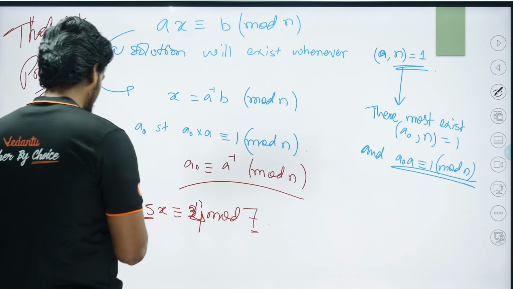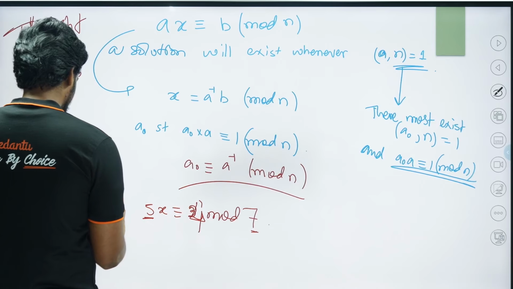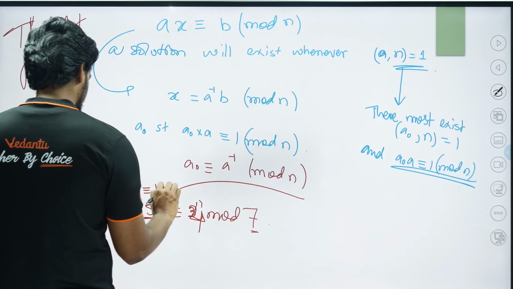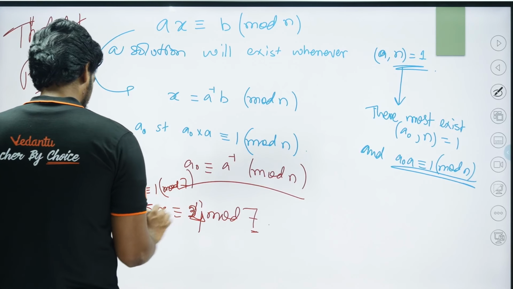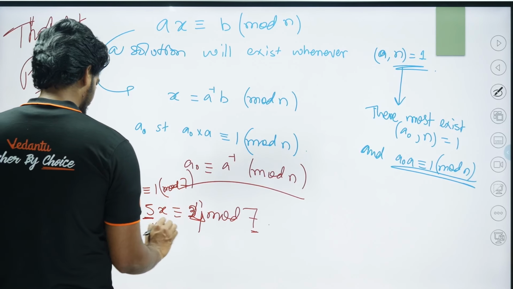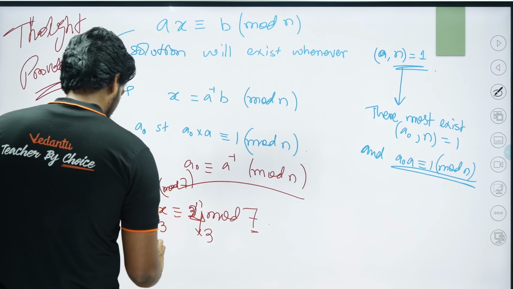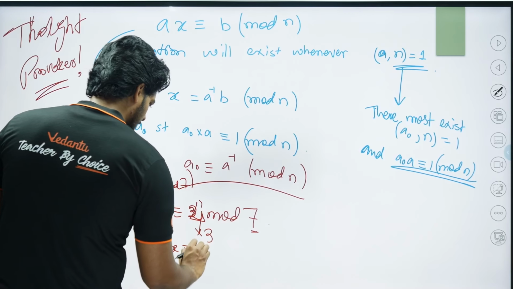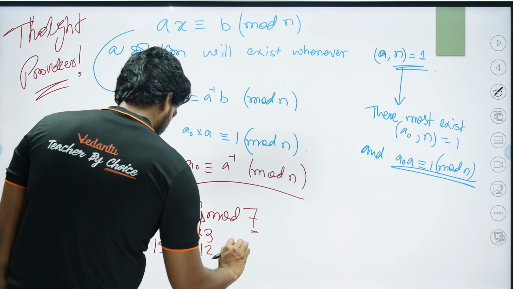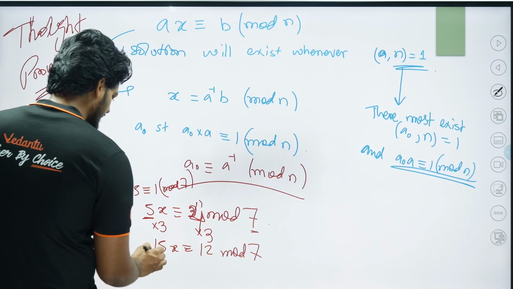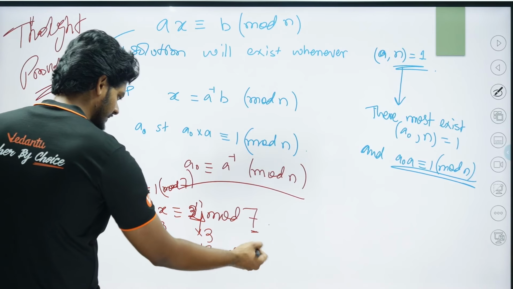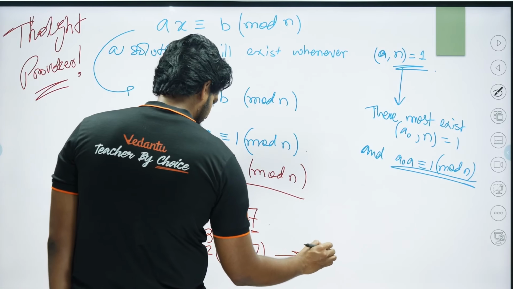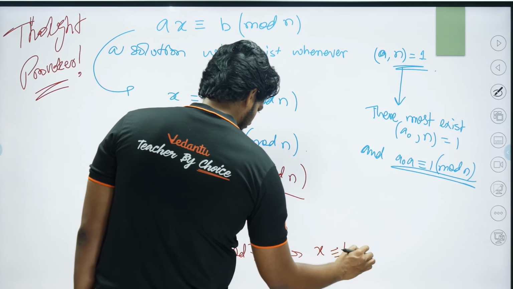If I multiply 5 with 3, that's 15, and that is congruent to 1 mod 7. So if I multiply 3, I have 15x is congruent to 12 mod 7, and you see that 15 is nothing but 1 in the world of 7. So this will be x is congruent to 12 mod 7.